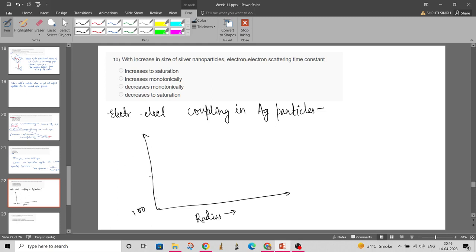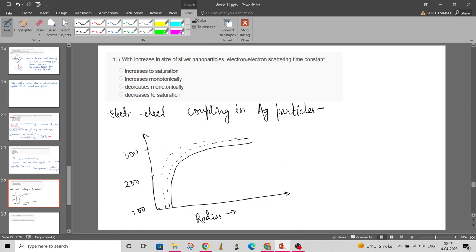Starting with 100, 200, 300, and then it comes to saturation for larger radius. So with increase in the size, it is increasing, and then it is saturating.